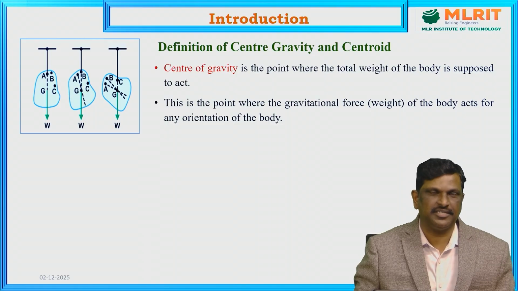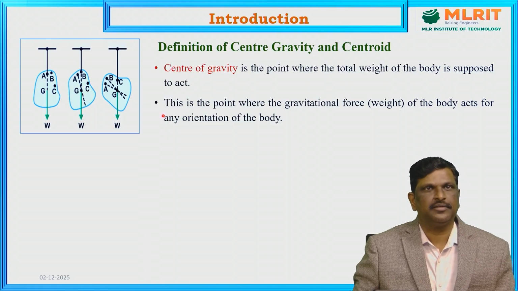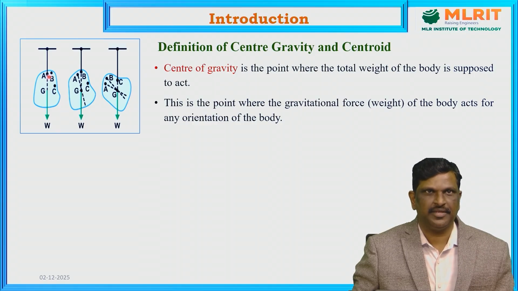In the first figure, the body is suspended through point A, and G is the center of gravity. Again, in the second image, the body is suspended through B, but the center of gravity is not changed.